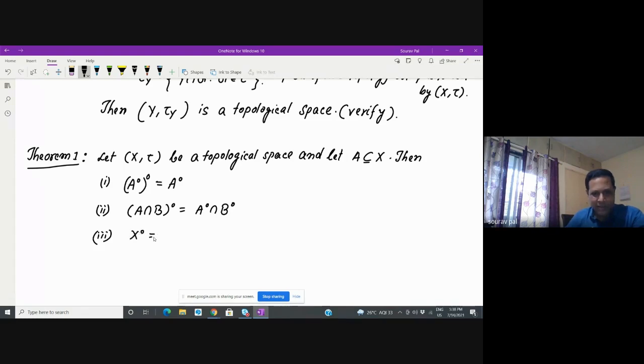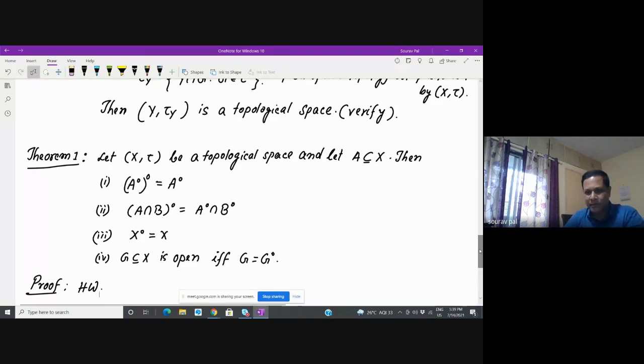Number 3: X interior is X. And number 4: G, a subset of X, is open if and only if it is equal to its interior. So you just find out a proof. I give it as homework.